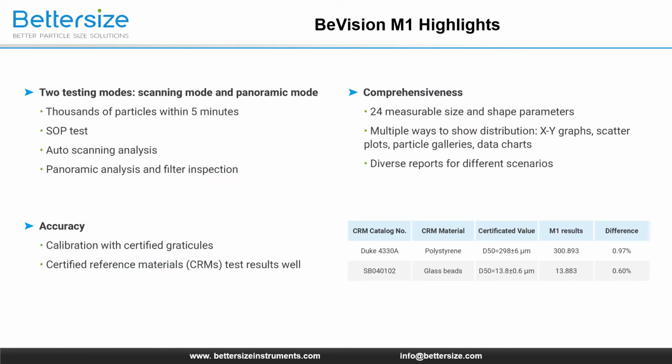With the help of the Bevision software, the Bevision M1 pushes the efficiency of static image analyzers to the next level. Utilizing the automatic stage, the Bevision M1 has two auto measurement modes. One is scanning mode, and the other is the panoramic mode. The scanning mode is so effective that it is possible to measure thousands of particles within a few minutes.